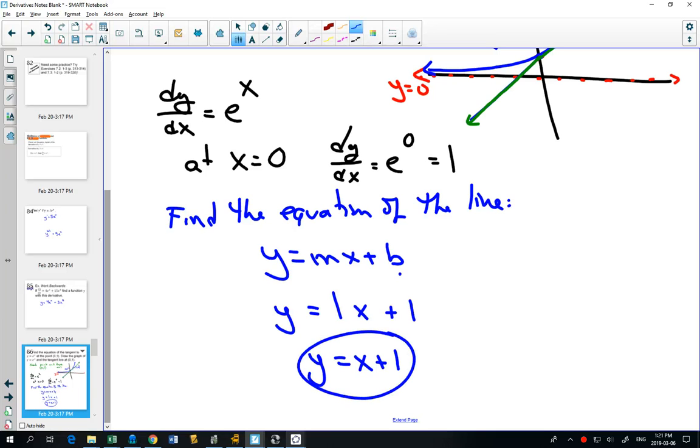So the equation of that line, the green line, is y equals x plus 1. No problem.